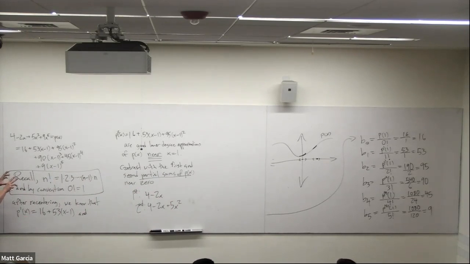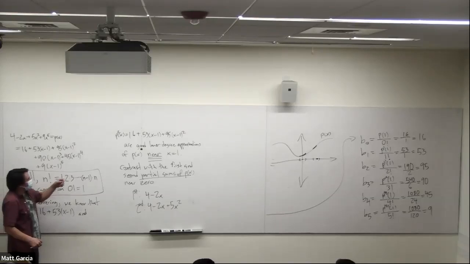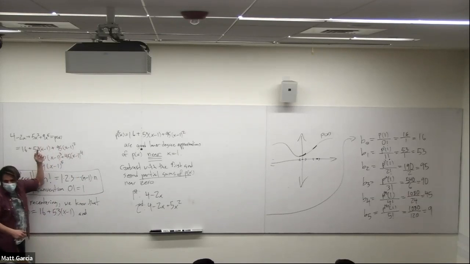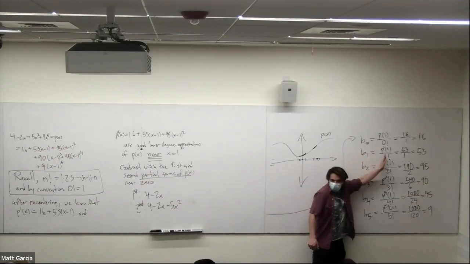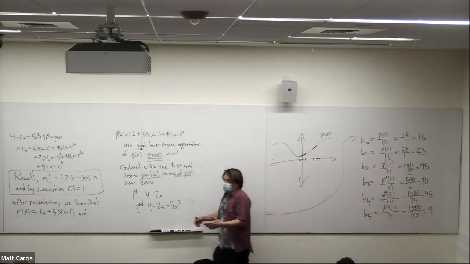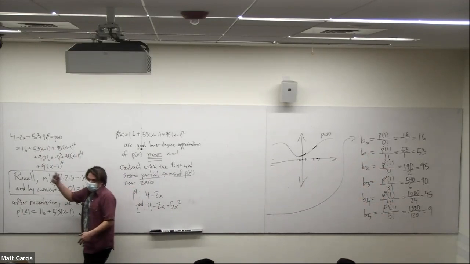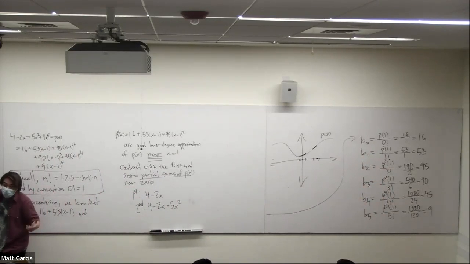This is why this was so easy to compute by hand: evaluating this polynomial and all its derivatives at 1 is pretty easy, right? Because taking successive powers of 1 is just 1.